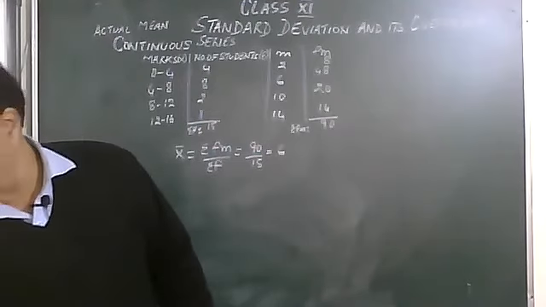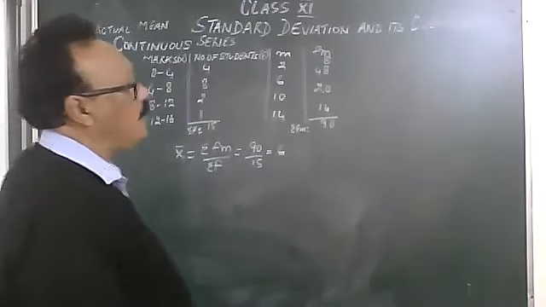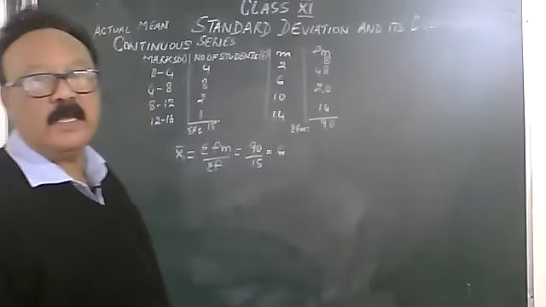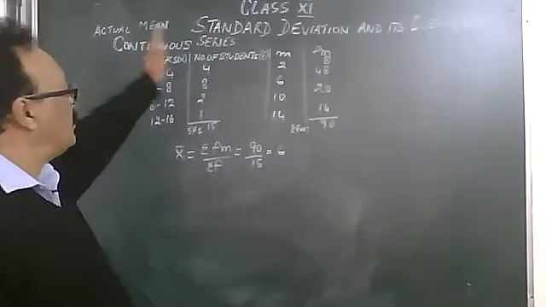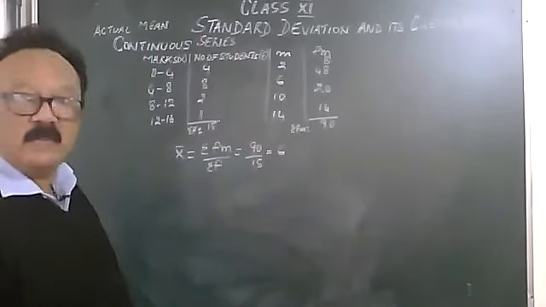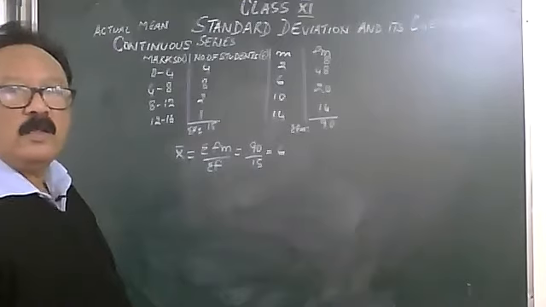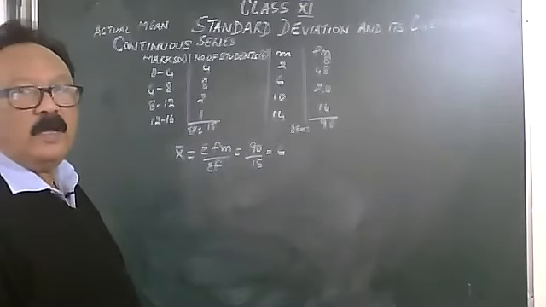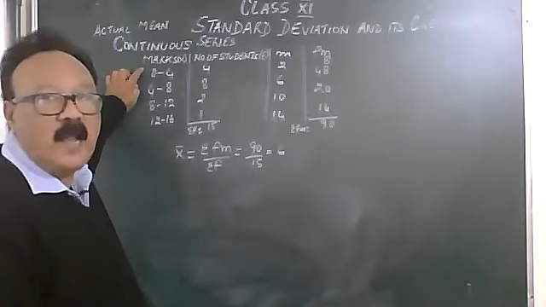Then next, previously in the discrete series, from x we could subtract the mean to get the deviation, and we could call it either x, small x, or a small d. Here we will not calculate it from the x because x is in the class interval.